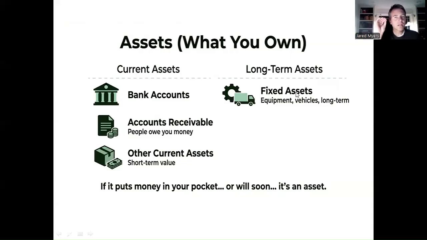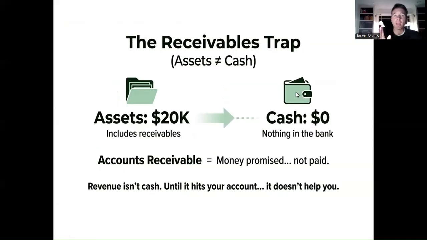Think of assets like your financial inventory of value. Now, here's a subtle but important point. Accounts receivable is basically money people promised you but haven't paid yet. So if you're looking at your balance sheet and thinking, I have 20,000 in assets, but why am I broke? Check receivables, that's often the answer.